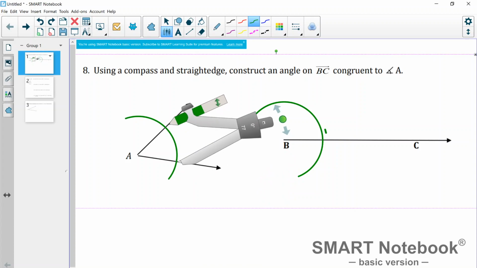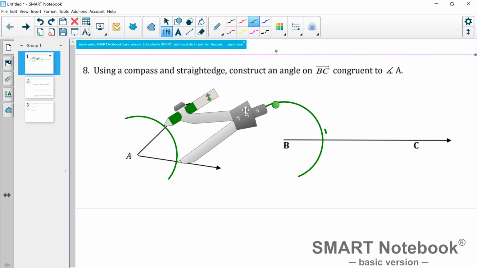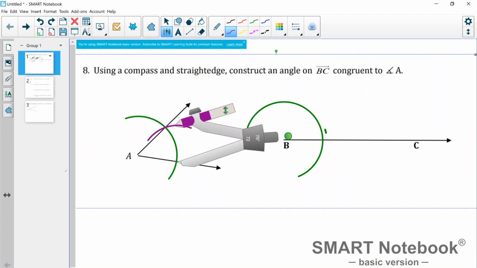So I'm going to put my bullseye end on one side here, and I'm going to open or close the compass so that my pencil is now where my first drawn arc intersects the top right here. So we draw it, and we can see we made a nice little intersection.